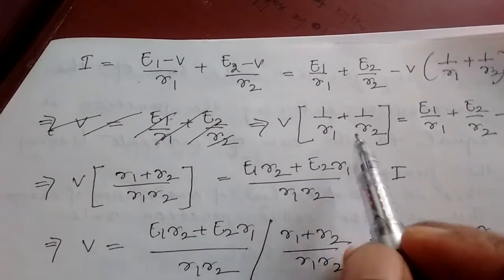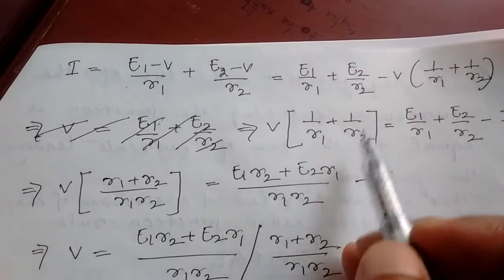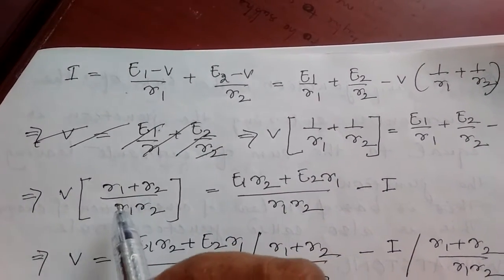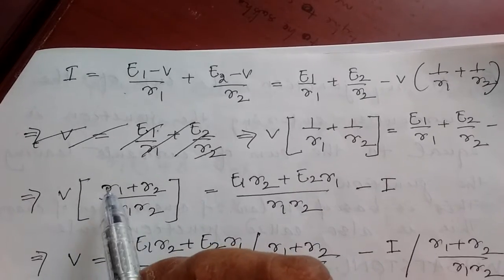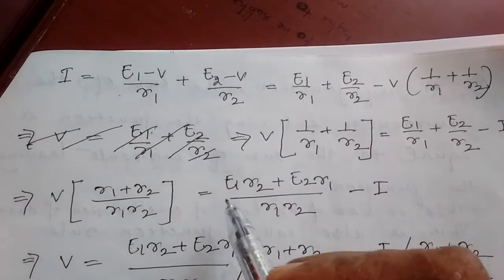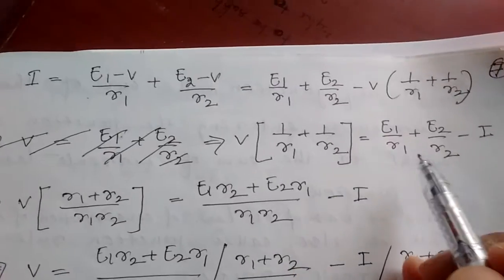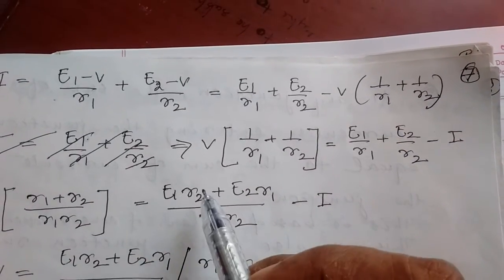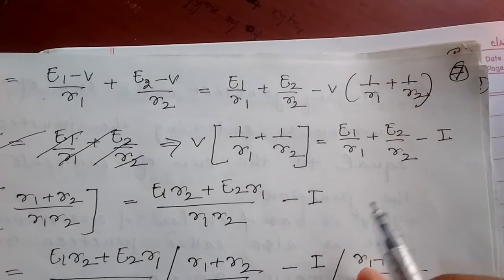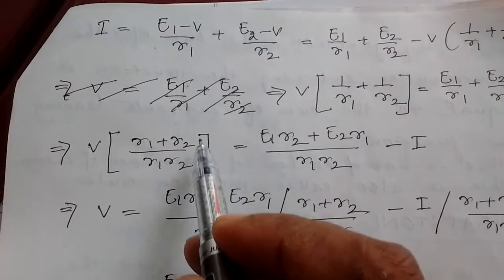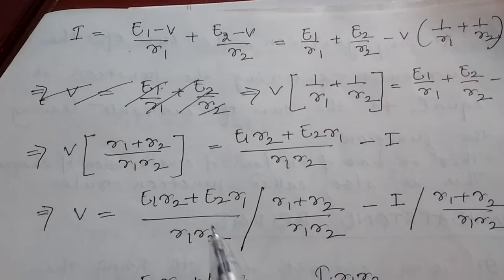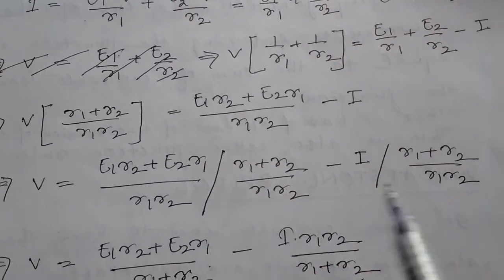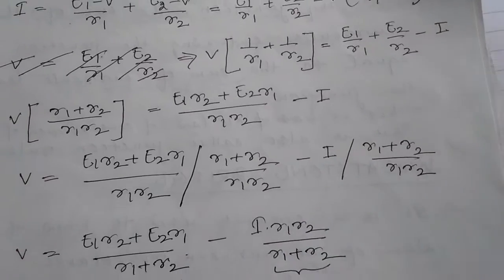Now add these two fractions: V times R1 plus R2 over R1 R2 is equal to E1 R2 plus E2 R1 over R1 R2, minus I. Now take this factor to the right side. It is multiplied on the left side, so we divide on the right side, on both terms.